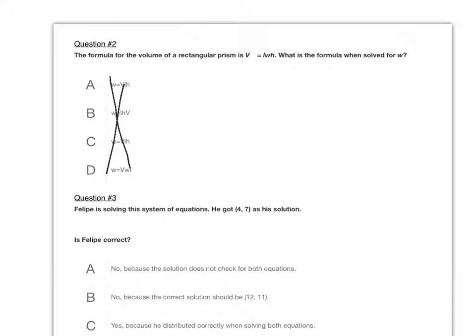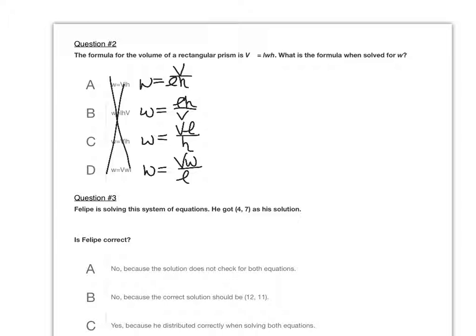So the correct answer choices for A would be W equals V divided by L times H. For answer B, W equals L times H divided by V. Answer C, W equals V times L divided by H. And answer D, W equals V times W divided by L.